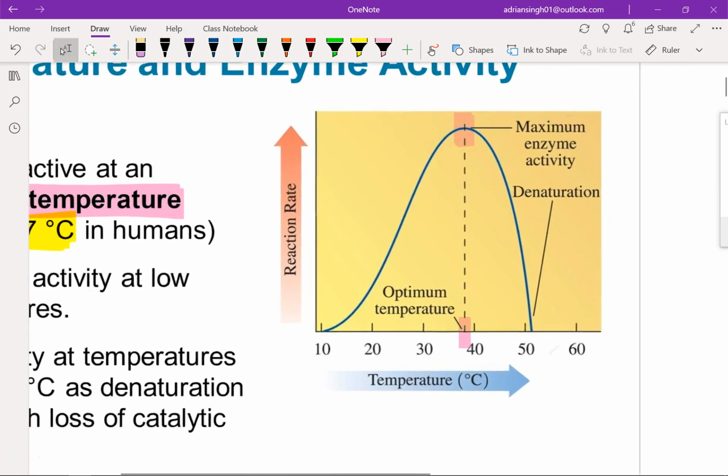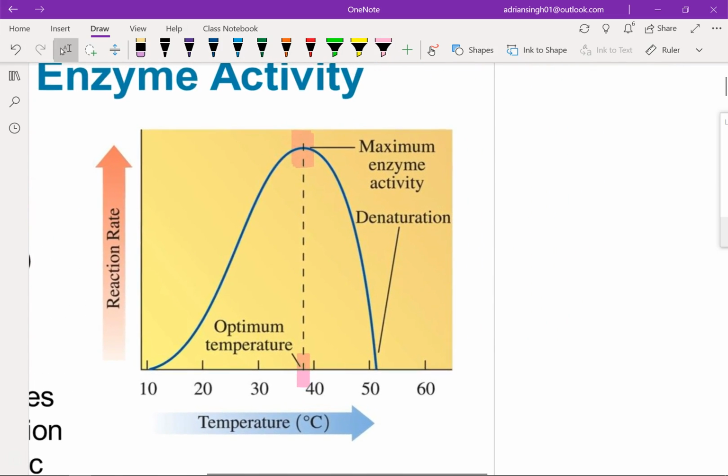When you start changing the temperature from that optimum temperature, the activity is going to decrease, right? So we look on our little graph here. We have the reaction rate, how effective an enzyme is, plotted on the y-axis versus the temperature increasing on the x-axis. So we have our optimum temperature where the graph is the highest. That is at 37 degrees.